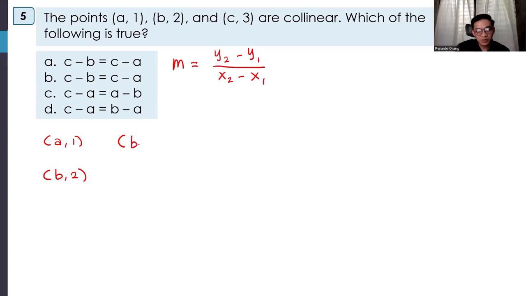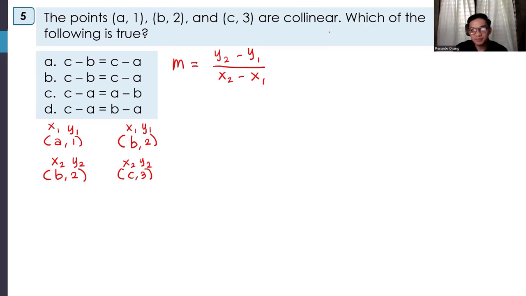Then, next is B(2), then C(3). So, set natin, class. This is our x sub 1 and this is our y sub 1. This is our x sub 2, and this is our y sub 2 for our first slope. Next, this is our x sub 1, and this is our y sub 1. This is our x sub 2, and this is our y sub 2 for our second slope.